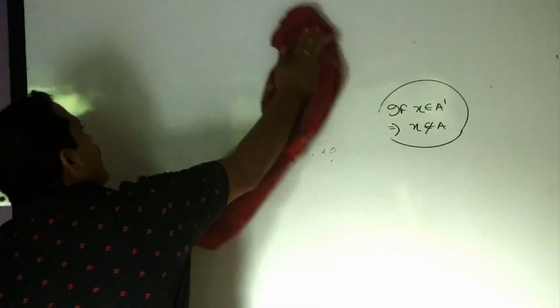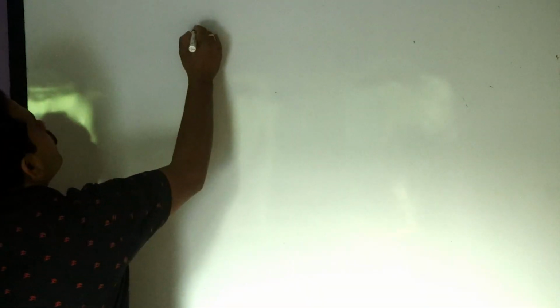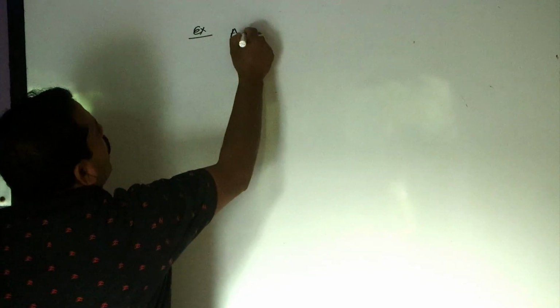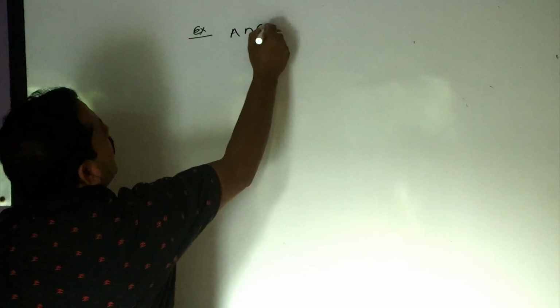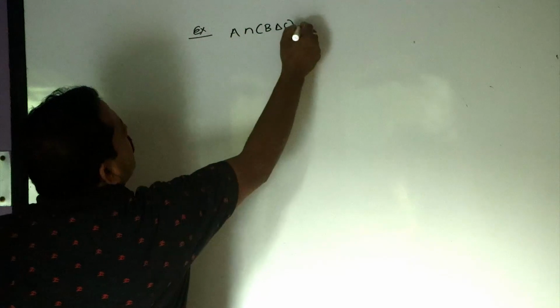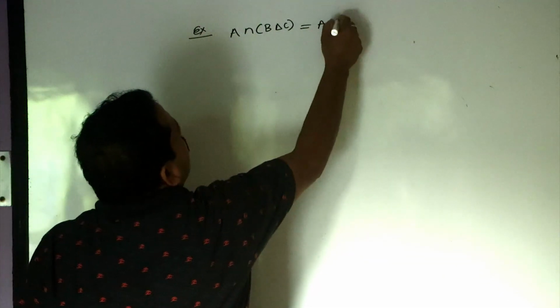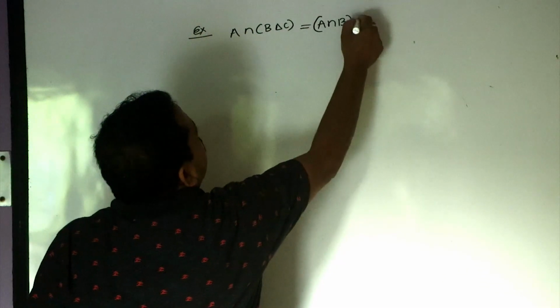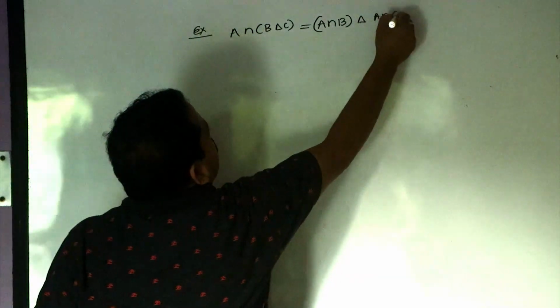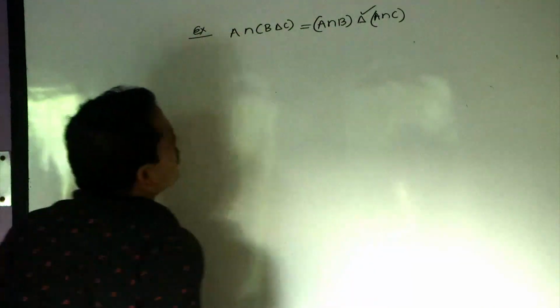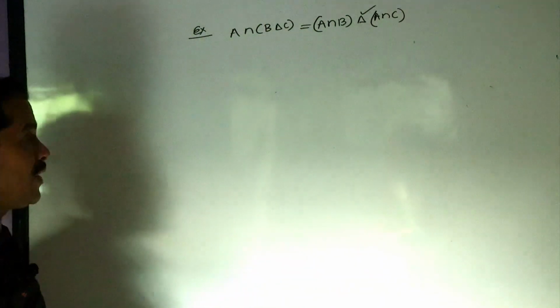You have to prove some results like that. A intersection (B delta C) equals (A intersection B) delta (A intersection C). This is symmetric difference. This symbol is used for symmetric difference.